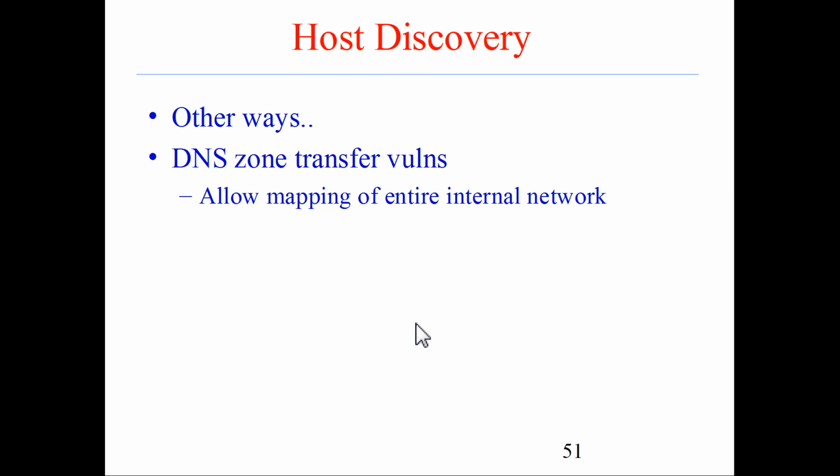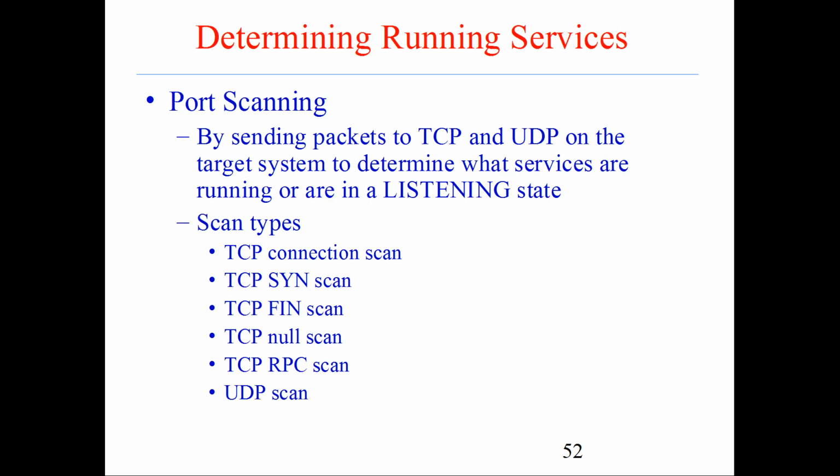There are other ways to do host discovery, especially if you're on the outside and the DNS server is misconfigured. You might be able to do a full zone transfer to an imposter DNS server that you set up, and this will allow you to map the entire internal network. I don't really want to go into more of the details on this for various reasons.